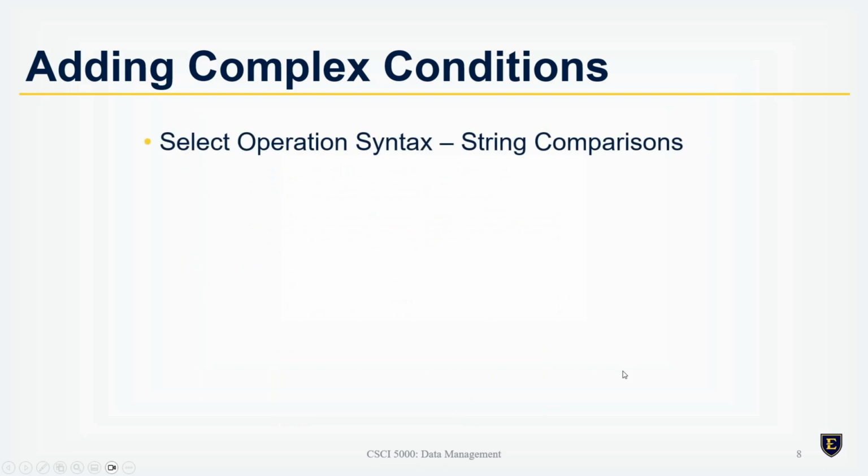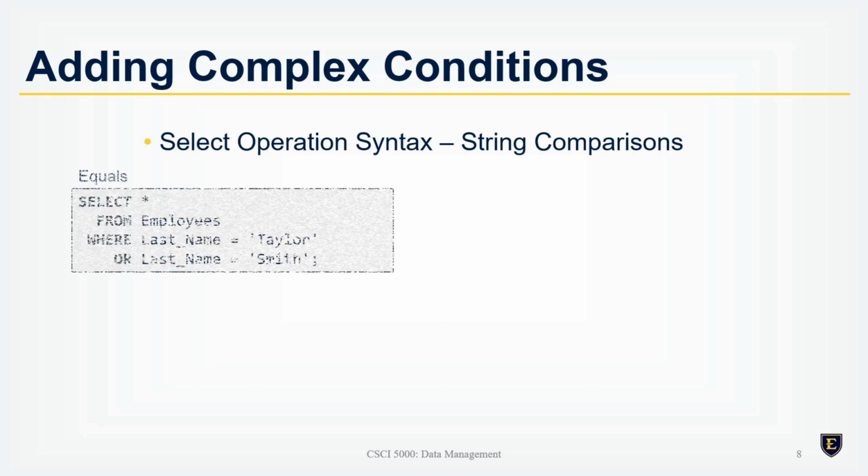Another thing we can do with complex conditions in MySQL is string comparison. In this case, we have the simple equality where we say last name equals Taylor or last name equals Smith, and that will return a list of all the people whose last name is one of those two things.